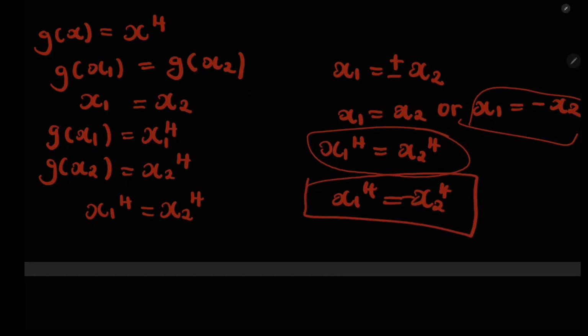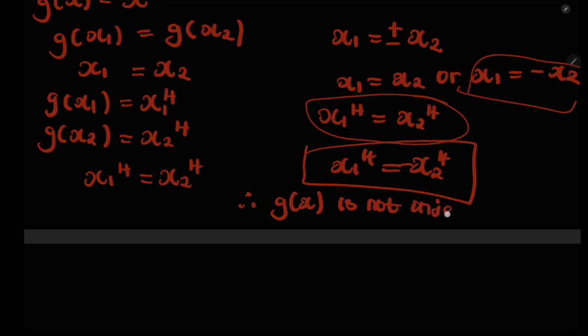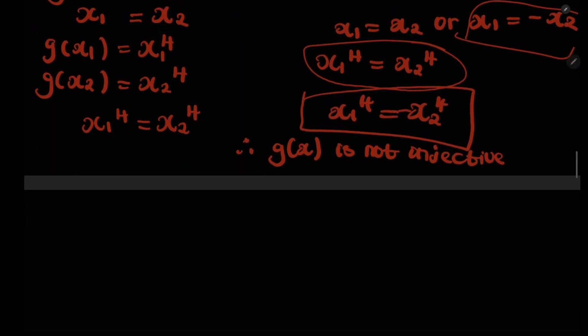This will not work. So we cannot have one case working and the other case not working. So in this case, we just conclude in general that g of x is not injective because we have two cases here and one case does not work. That is the problem. So it cannot be injective. So g of x is not injective.